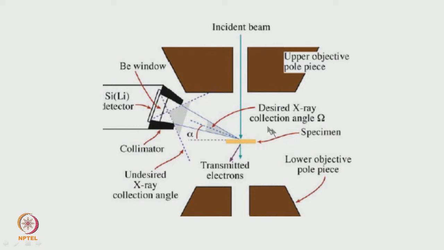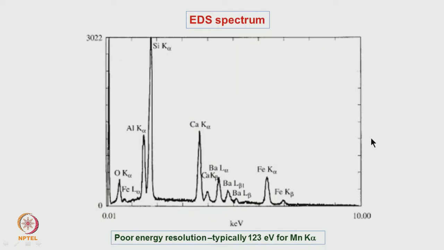In modern day microscopes, the objective lenses have been specially designed so that we can introduce many detectors as close as possible to the sample, and using these detectors we can get information about the X-rays coming out of that sample surface.